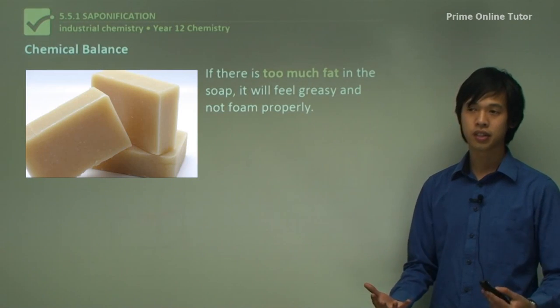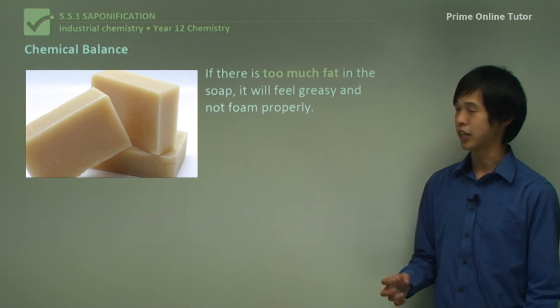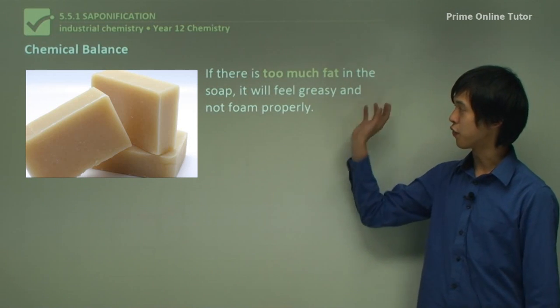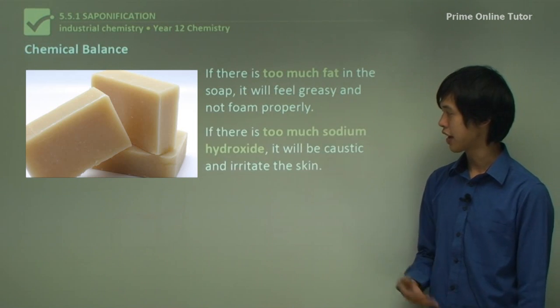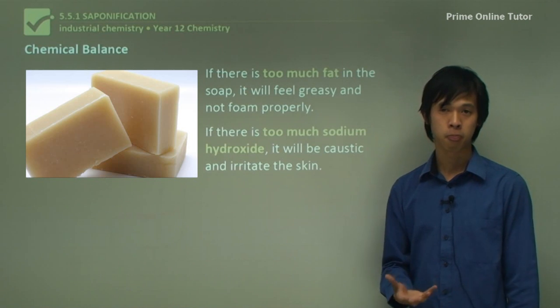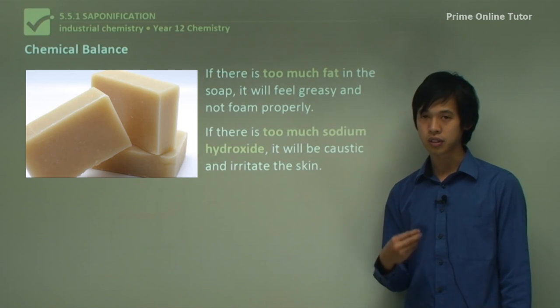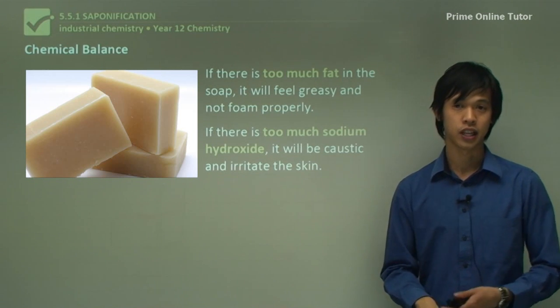In order to get the correct composition, we need to understand the effects of the composition. If there's too much fat, the soap will feel greasy and won't foam as well. If there's too much sodium hydroxide, it will be caustic and irritate the skin. If there's a little too much sodium hydroxide, what you feel is that dryness that a lot of people associate with soap.